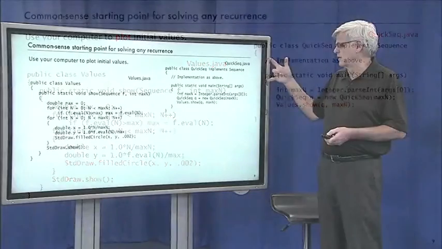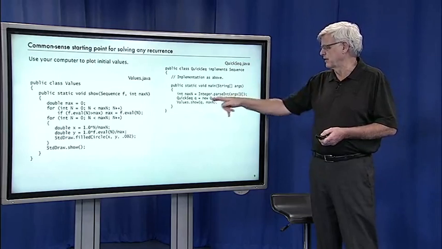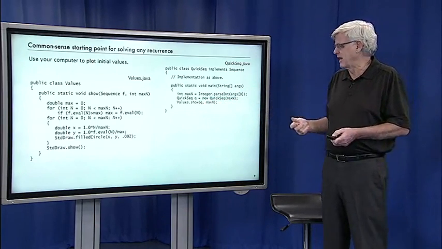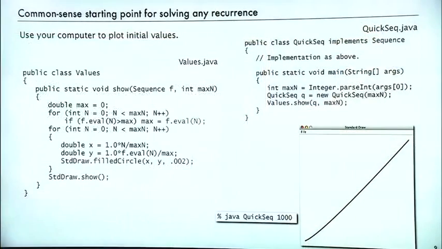So in the case of quicksort, if we use a call on this show method instead of printing out the values, then you get the curve like that, which is the curve for n log n in this case.